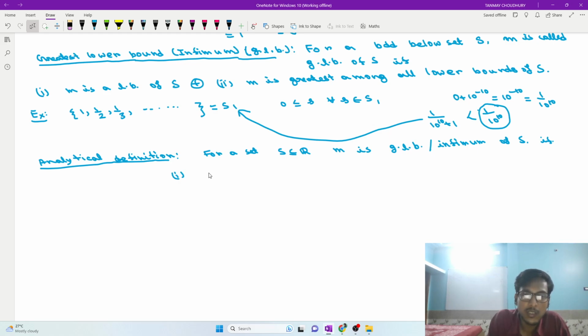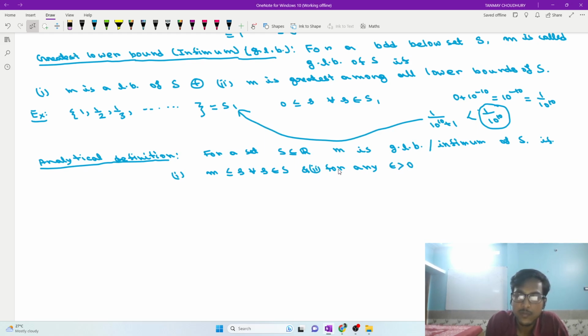That means small m is less than or equal to s for all s belongs to S, and for any epsilon greater than 0, this is the second condition.